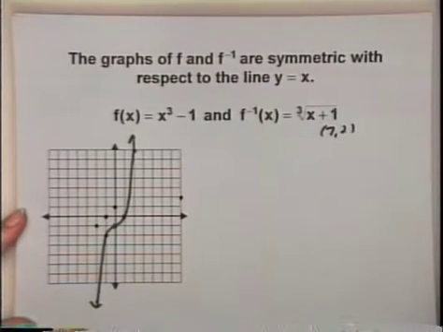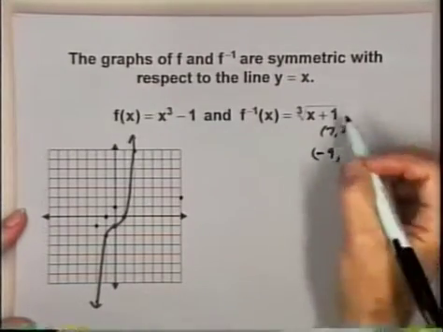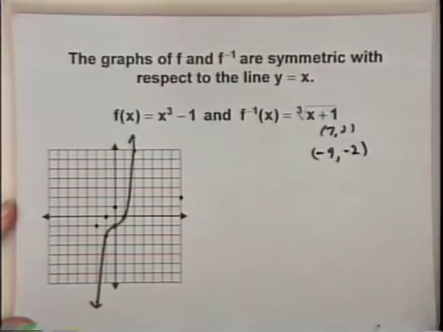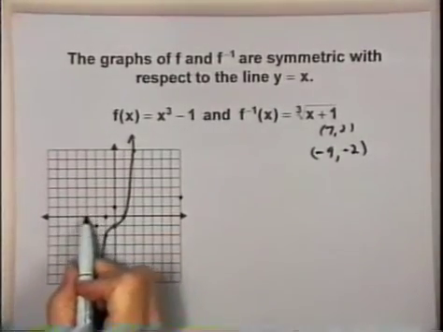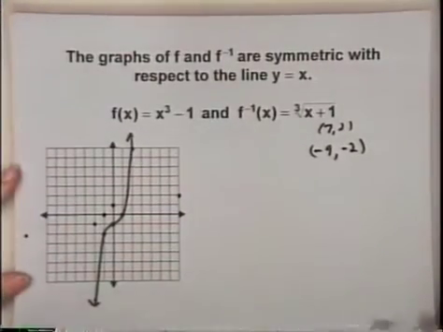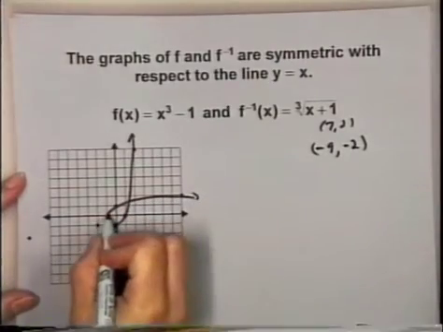Well, let's see, what else might I use here? Let's see, if x is negative 9, negative 9 plus 1 is negative 8. The cube root of negative 8 is negative 2, isn't it? So 1, 2, 3, 4, 5, 6, 7, 8, 9 here is going to give me negative 2. What's happening here is this graph is doing this.